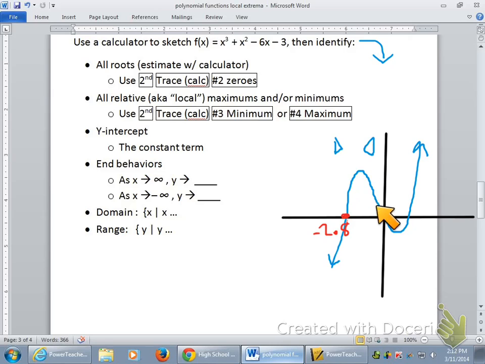I need to do the same thing over here. It looks like it might be a 0, but there's only one way to know for sure. So we're going to move over here and do the same thing again. This time, I'm going to try to set up these little arrows to happen in between here and here. And that 0 should happen right in between there. So go ahead and slide it over.